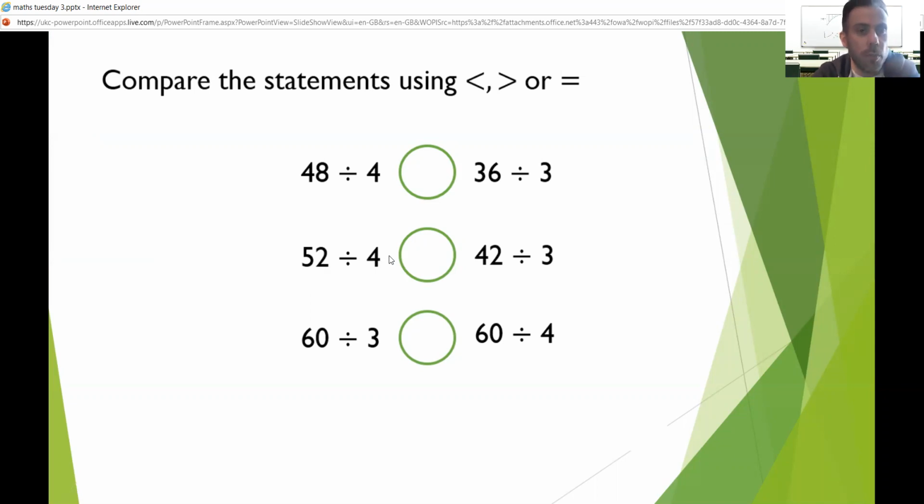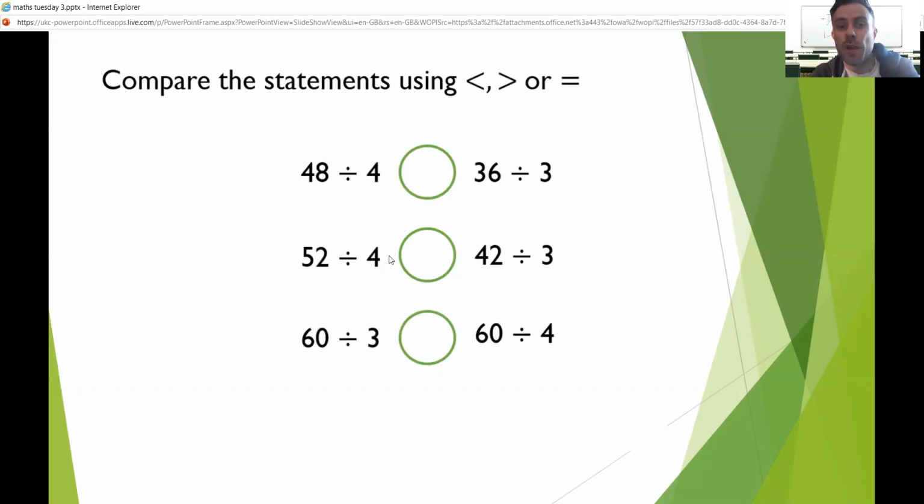But we've got a starter problem to have a go at, and it is to do with comparing some statements. We were doing this the other week. We were thinking about less than, greater than, or equal to, and you've got some divisions now. On each side of the circle, you've got a calculation.